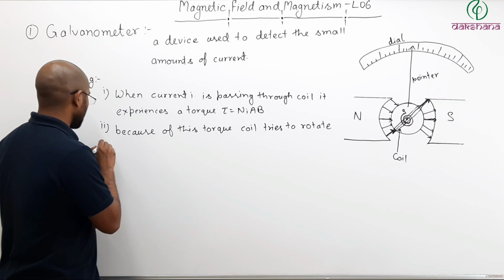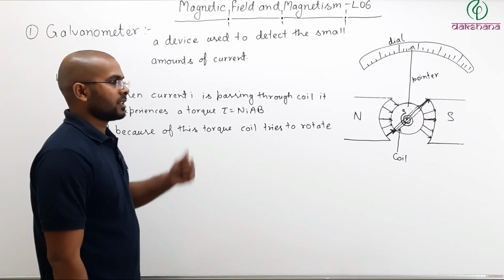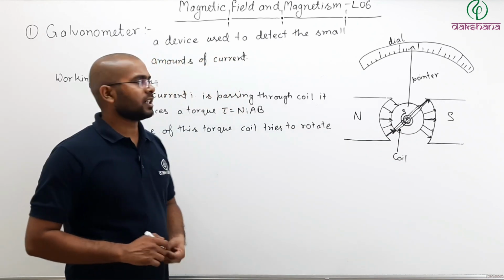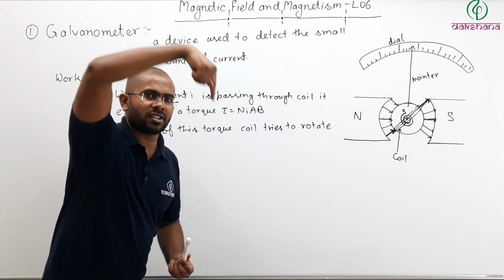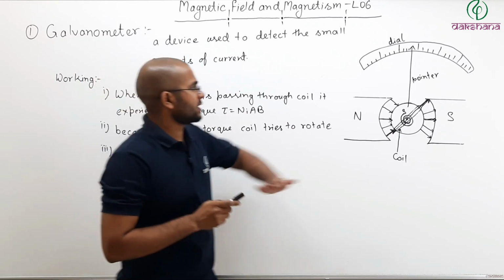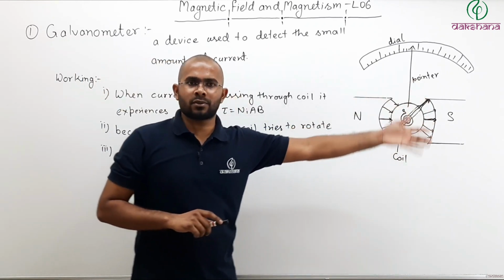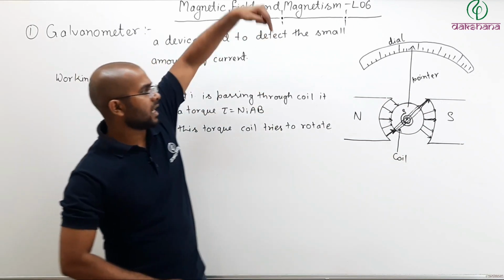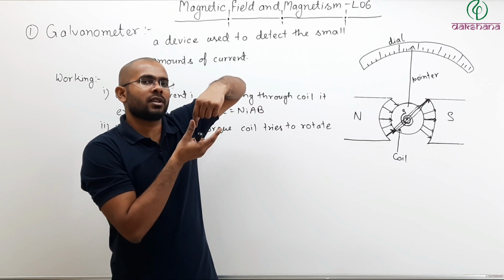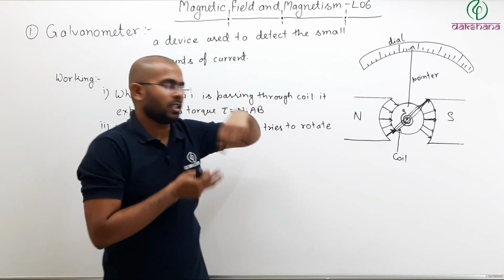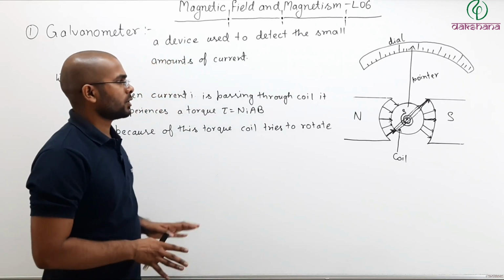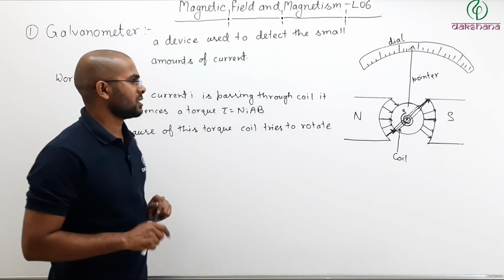When the coil tries to rotate, this spring, or in some books it is also shown as a straight wire attached to your coil. Both are correct. In NCERT it has shown the spring, so we have shown the spring. In some books it is like a straight wire which is attached, and that twisting produces restoring torque on the straight wire. So both are correct. Depending on which book you are using, different depictions may be given.